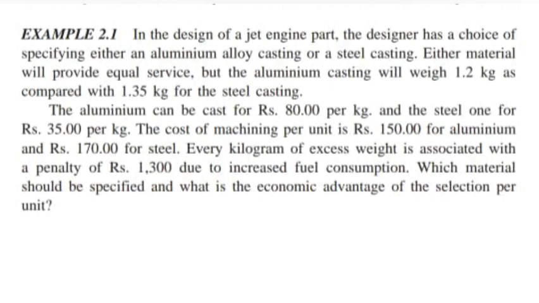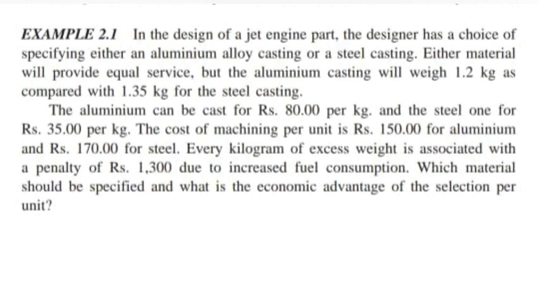Here, while casting, it is also said that for aluminum, making 1 kg costs 80 rupees, whereas for steel it is 35 rupees per kg.